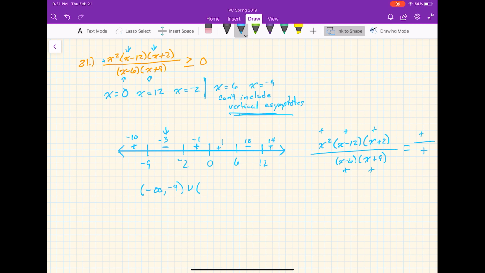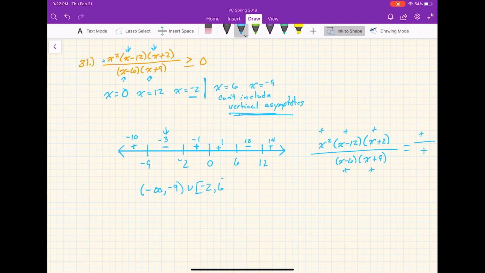So it starts again to be above 0 at negative 2, but we're including that because it's on this side of this vertical line I made. That number came from the numerator, not the denominator. And it goes to 0, which also came from the numerator. That 0 came from the numerator.